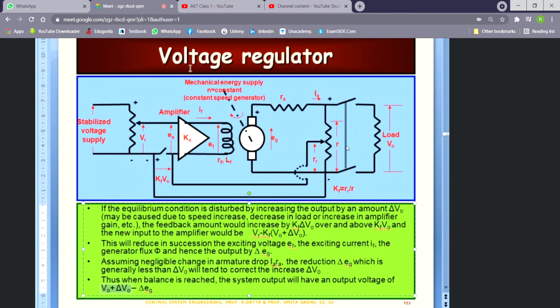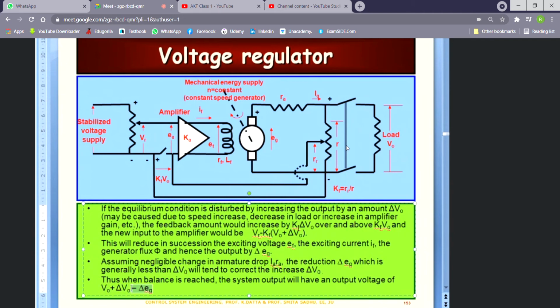By the property of being a voltage regulator itself, the way the components are actually arranged, the system has been able to get a decrease in the voltage by an amount equal to delta Eg. Now, this VO was the first value, and that is the desired value.